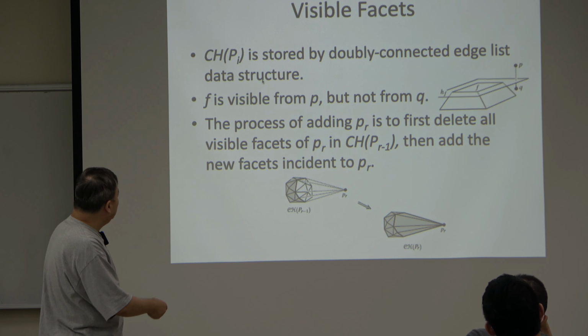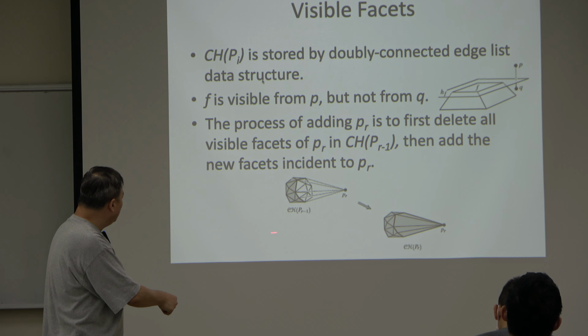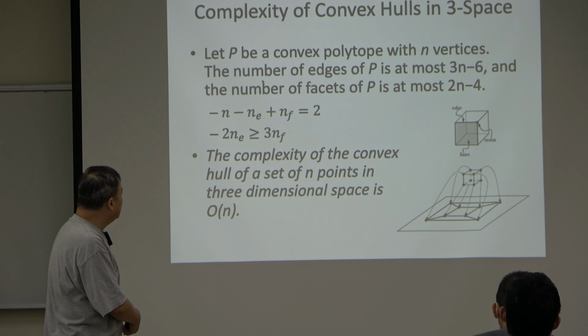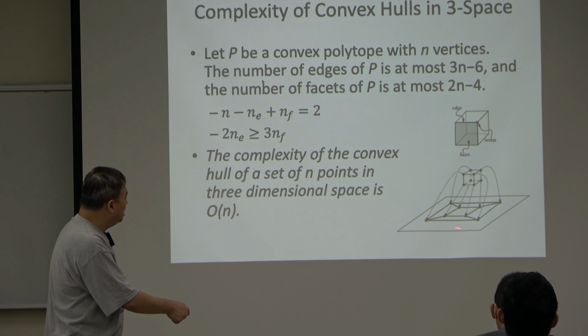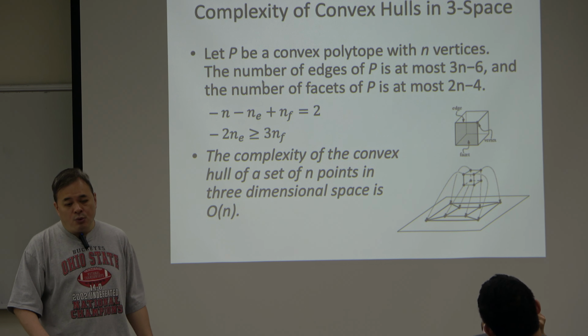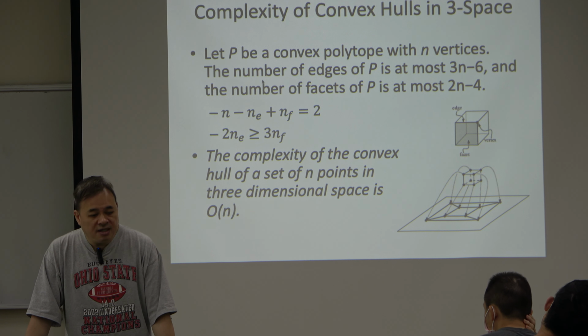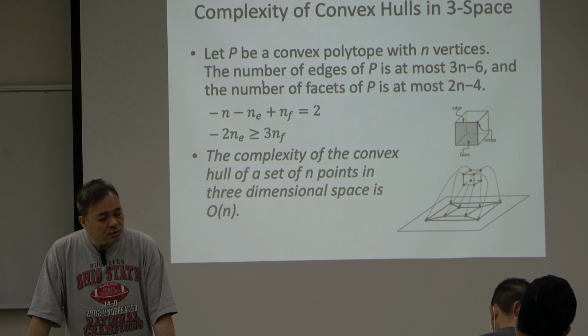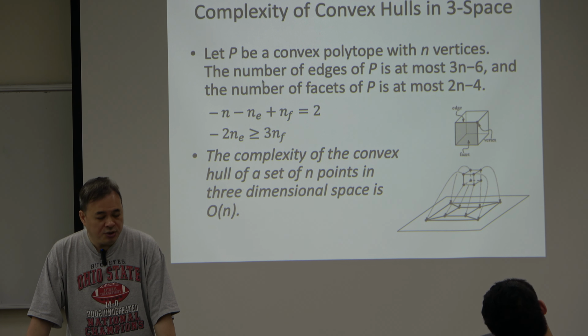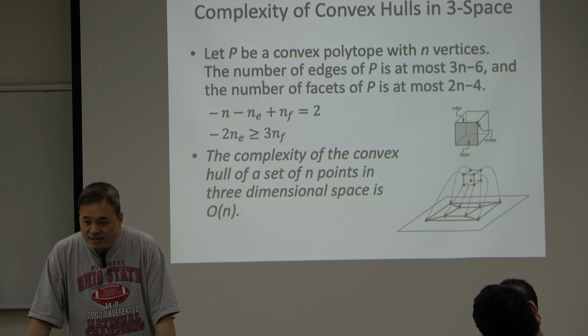Previously I told you that you can extend the polytope to two dimensions, and that becomes a subdivision. So the data structure that we use to store the polytope can be the one used to store a subdivision, which is a doubly connected edge list.